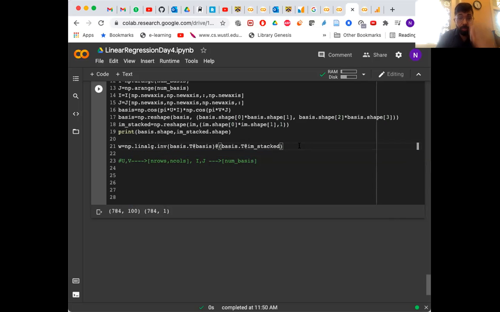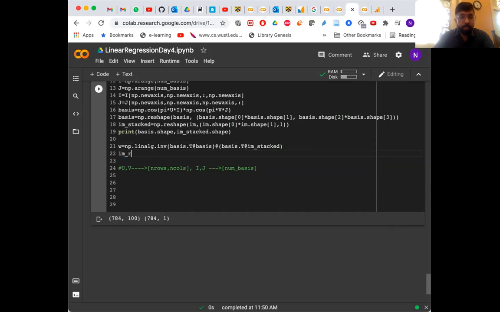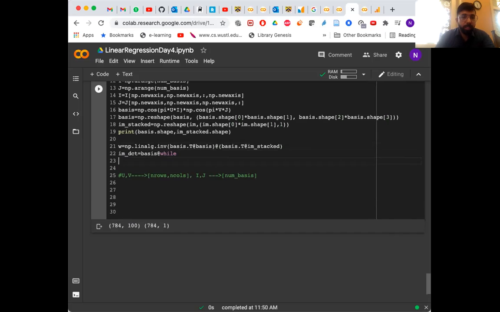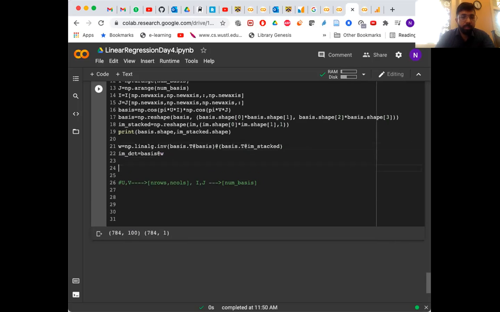So this gives us the weights, and then I call it image_DCT, which would be basis product with W, and let's reshape it into an image size.